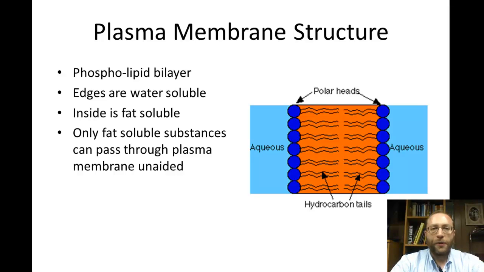So you've got a phospholipid bilayer where the edges of the plasma membrane are water soluble, and that allows them to contact the water inside the cell and outside the cell, and the inside of it is fat soluble. So that means that only fat soluble substances can pass through the plasma membrane unaided. Those are the only things for which it is not a barrier. Some substances like that would be things like steroids, and that's why steroids are so dangerous, because the cell membranes just can't stop them from going through.